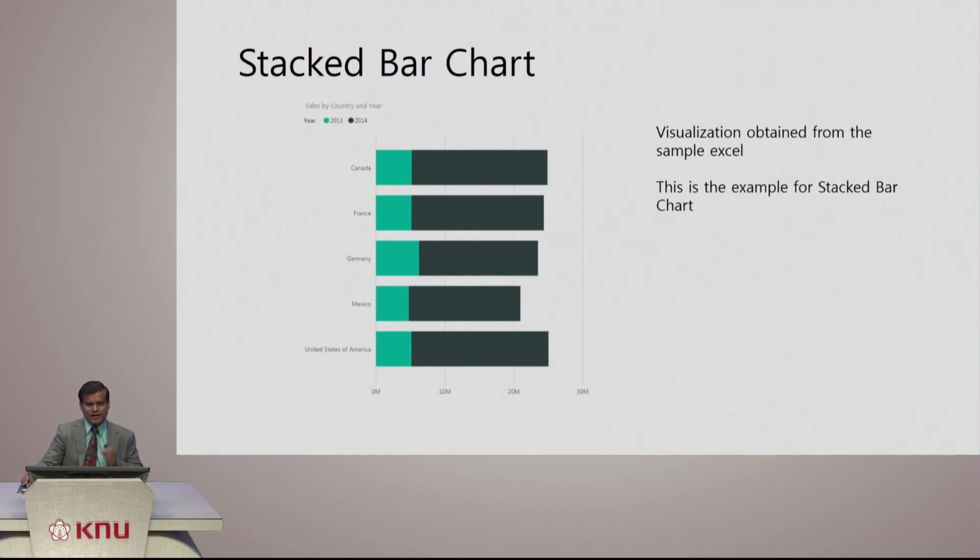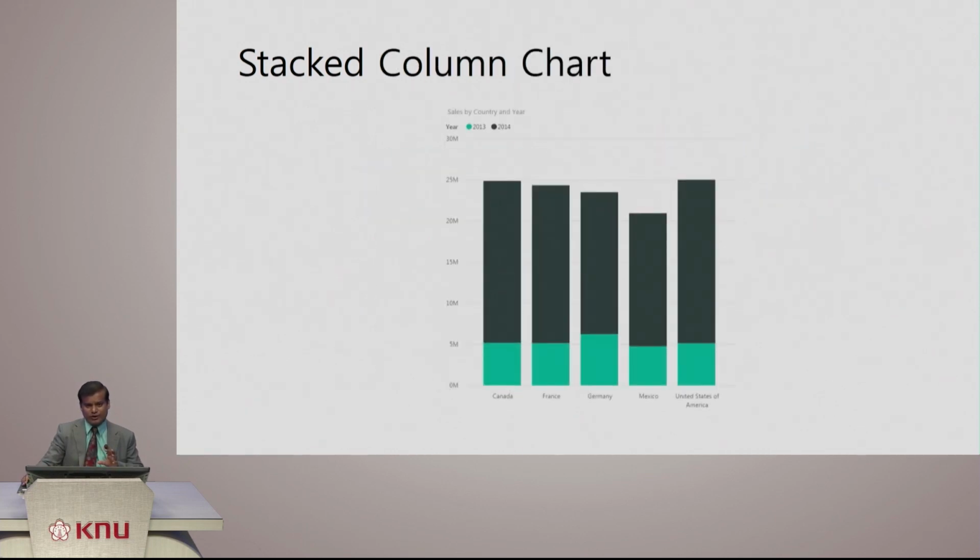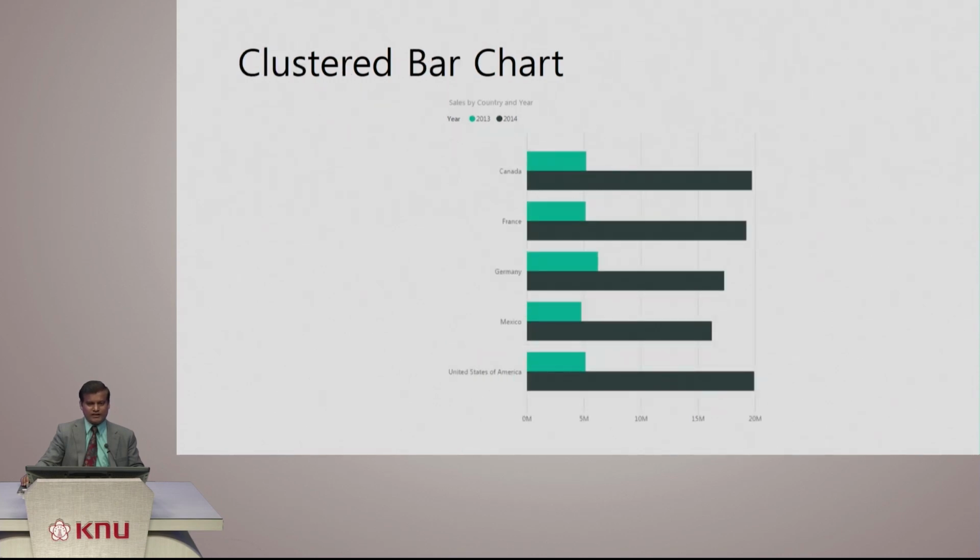You can also have the same stacked chart in a different way, vertically, a column stacked chart. They have different views, and here is the clustered bar chart. You can cluster it, and in this case different countries are displayed for us.